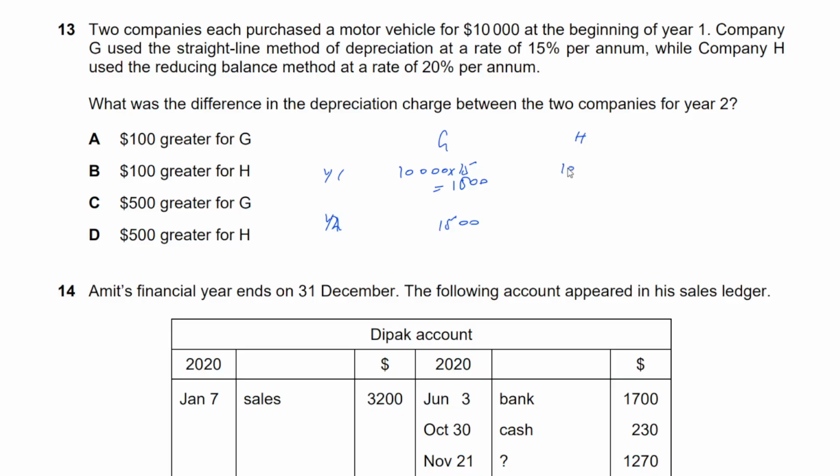In the beginning, we just take 10,000 times 20%, which is 2,000. In the second year, we will take 20% of not the 10,000, but 8,000. So we'll subtract the first year's depreciation, get the net book value, and multiply that by 20%. Let me see what that is.